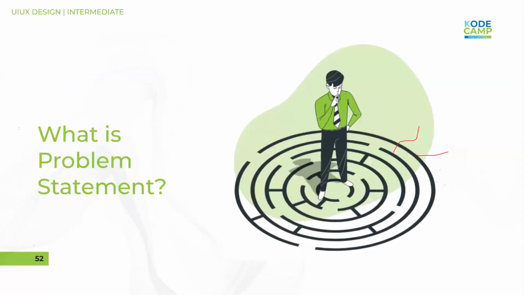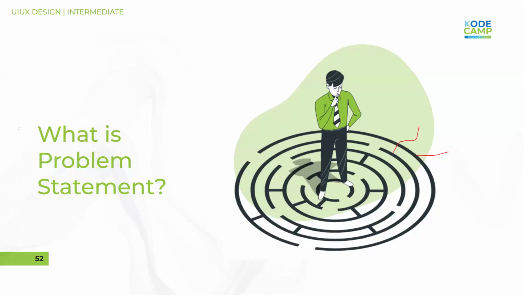Okay? So now let's look at our next topic, what we have here. Problem statement. So we've been hearing of problem statement. What is this problem statement? So let's look at a scenario. Imagine you are going on a road trip, but you don't know where you are starting from.